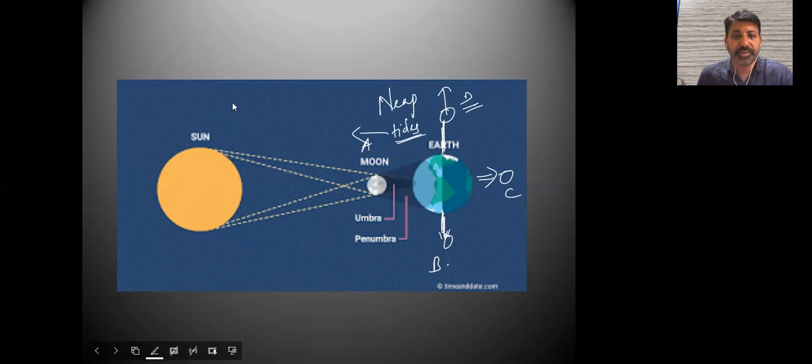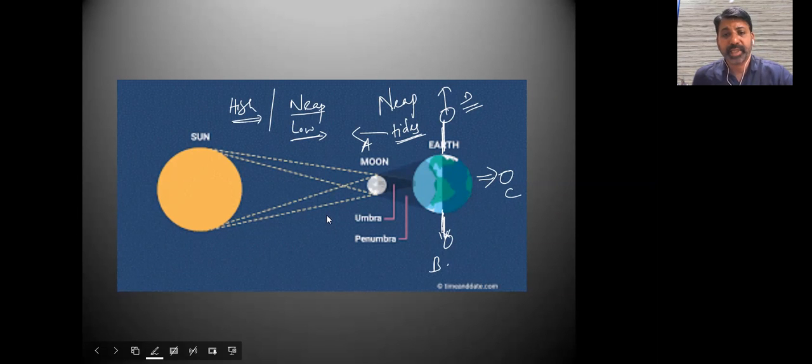So there are 2 types of tides. One is high tides, another one is neap. Neap means low tides. High tides and low tides. These 2 things are happening on the surface of the earth primarily because of the positioning of the moon and the sun. Am I clear? And this position will keep changing in a day and night.